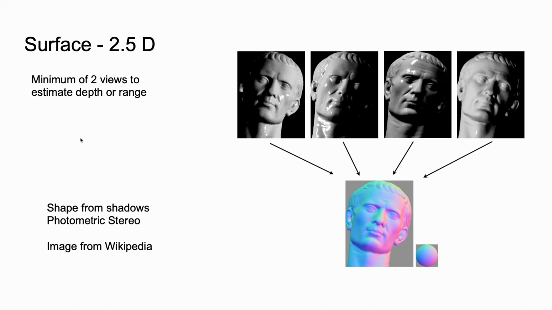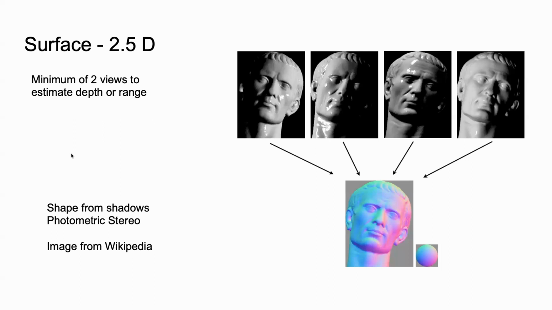Now, just like our eyes, just like our setup, no, we have two eyes, no. And with those two eyes, we can estimate how far or near objects are from us. In surface 3D or 2.5D, well, from now on, let's just call it 3D, okay?